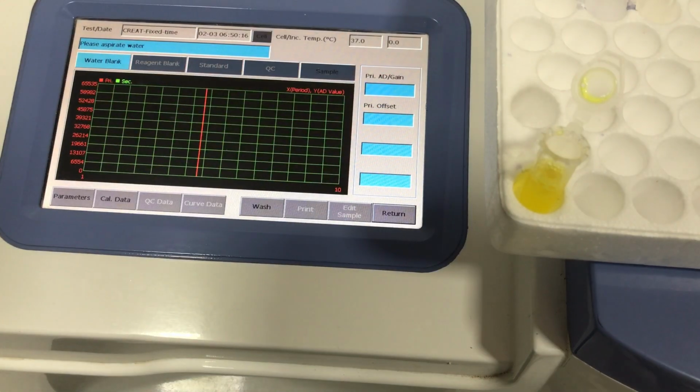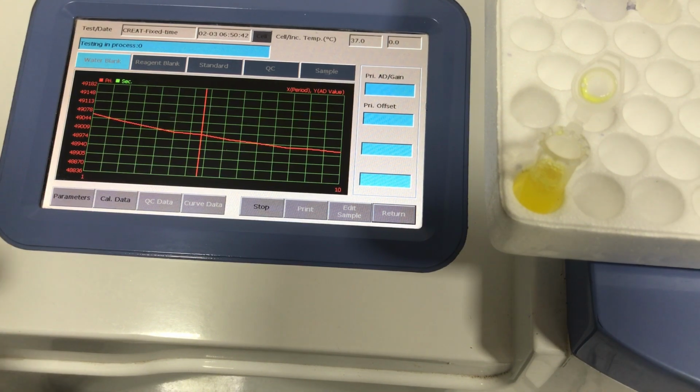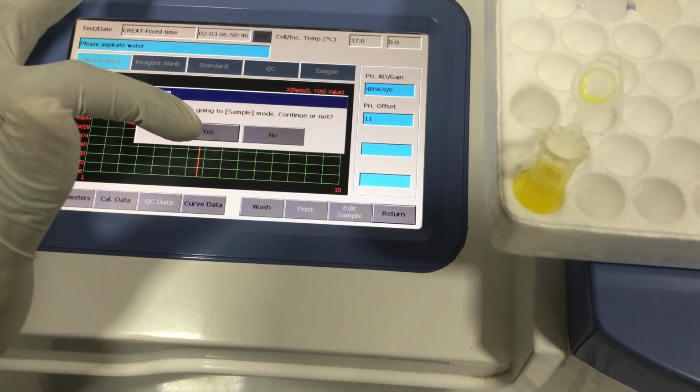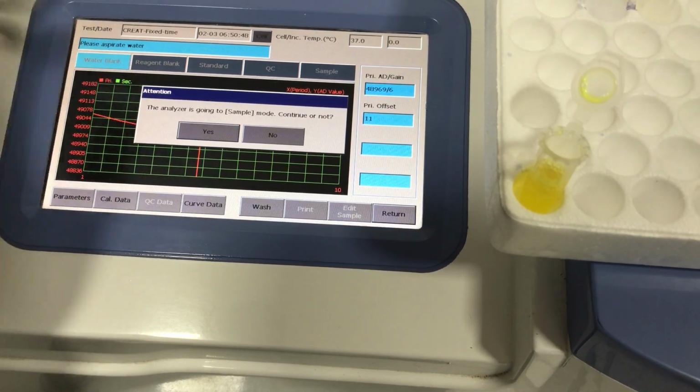Okay, so I have a primary offset of 11. I feel that it will give me a very good measurement.